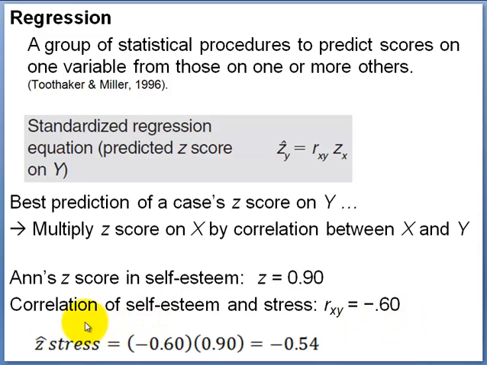Let's make our best prediction of Ann's z-score on stress. So we take the correlation between x and y, which is to say between self-esteem and stress, and we multiply that by the case's z-score on x. So the correlation times Ann's z-score yields a predicted z-score on stress of minus 0.54.